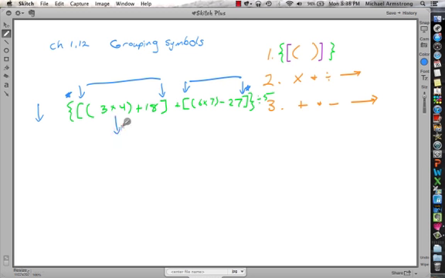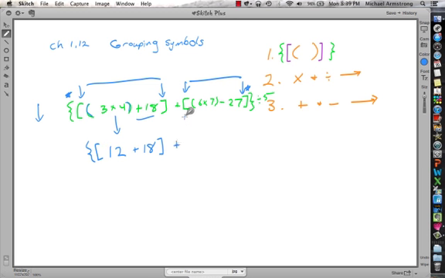So we're going to start with the parenthesis, this one right here. 3 times 4 is 12. And we're just going to rewrite it like that. Once we've gotten that done, we don't have to write that parenthesis anymore. I'm going to keep the brace and the ellipse just so that I don't get mixed up. Bring down my plus 18. And then I have my close of the brace.